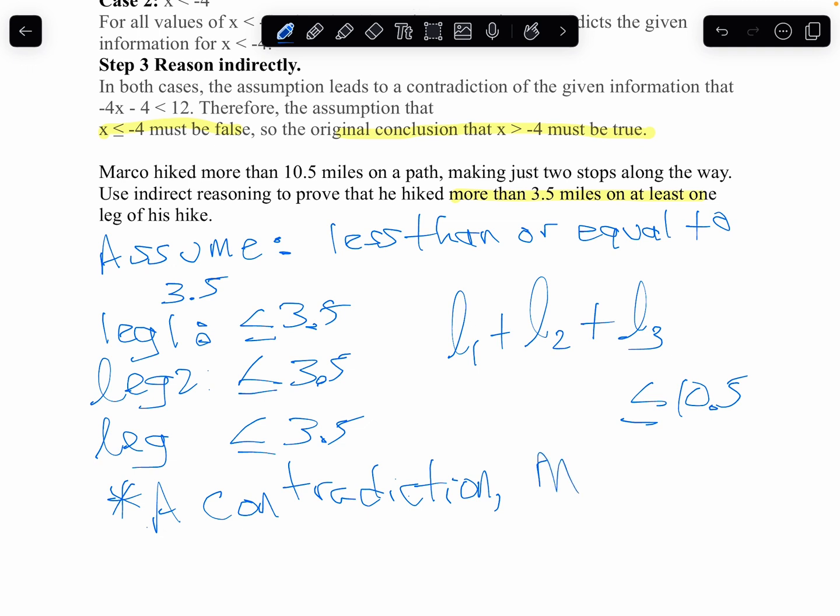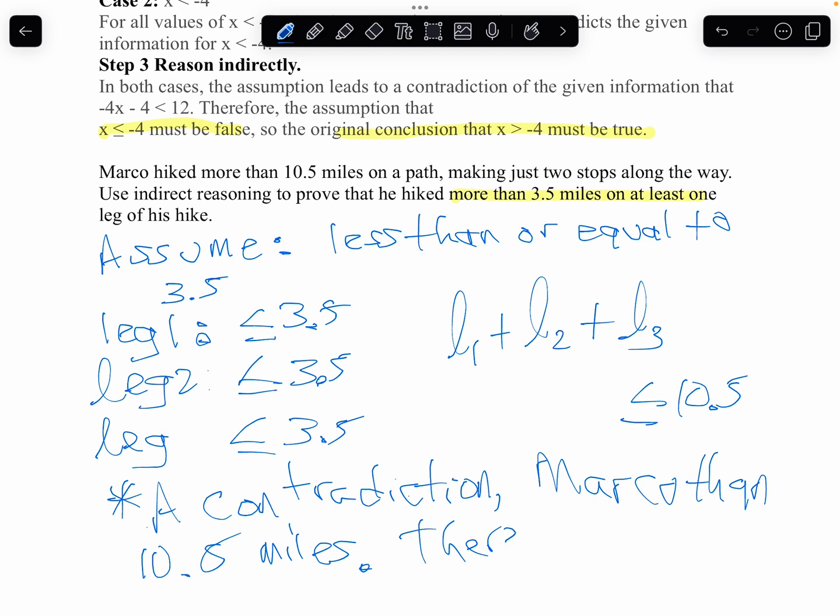Marco hiked more than 10.5 miles. Therefore, our assumption is wrong.